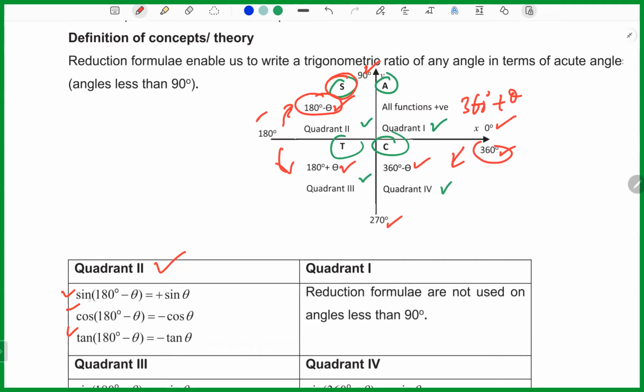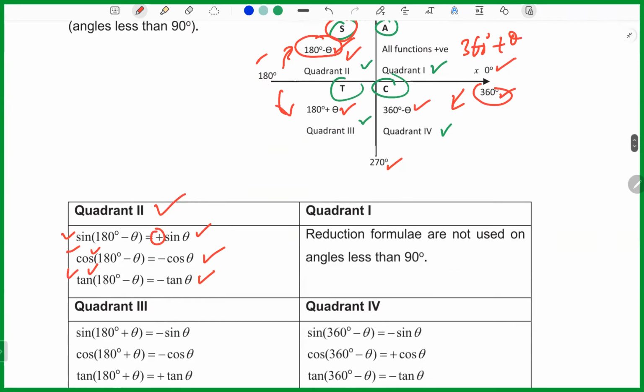So the sine of 180 degrees minus theta is positive sine theta. Then the cosine of 180 degrees minus theta is negative because the cosine is negative there. Then the tangent of 180 degrees minus theta is also negative. In other words, the cosine and the tangent are negative, but the sine is positive in quadrant 2.